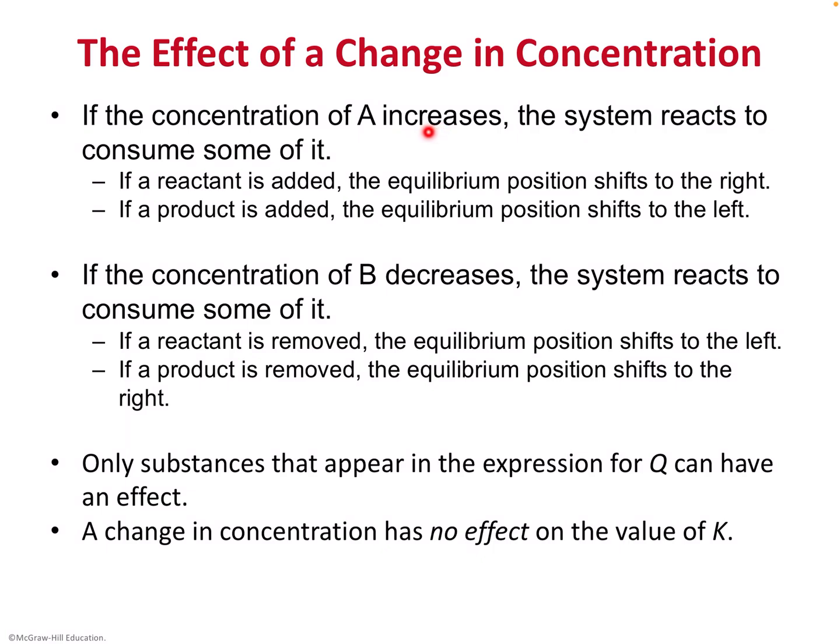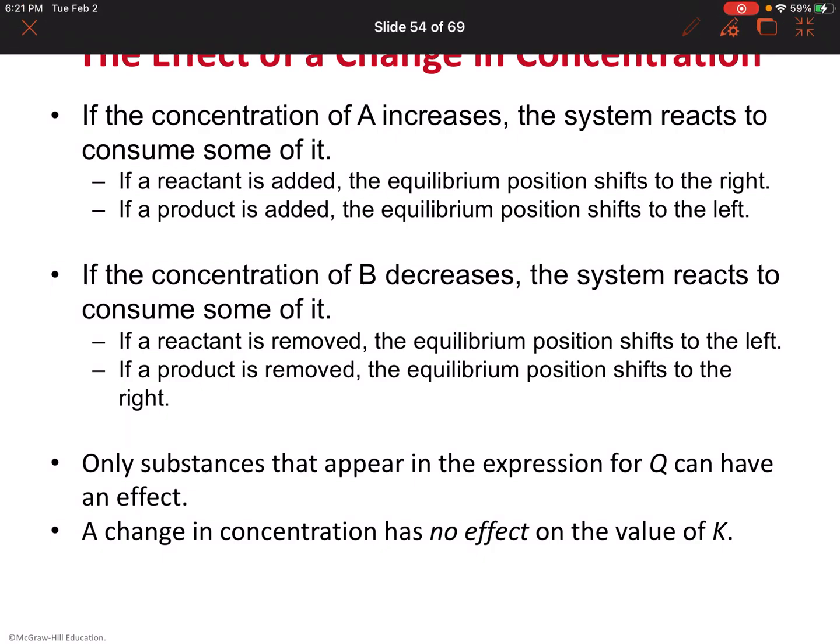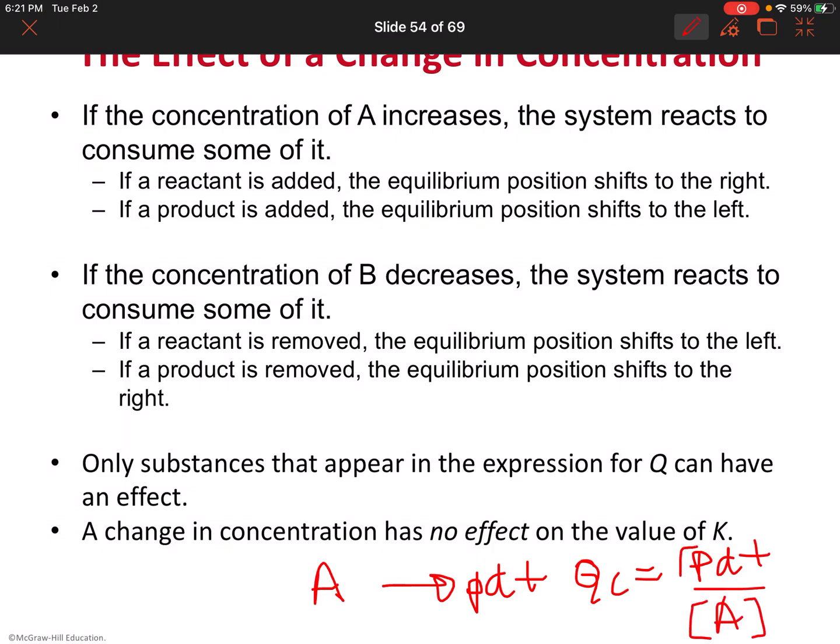The system reacts to consume some of it. Let's say you have a reaction where A goes to product, and our Qc or Kc is going to be products over the concentration of reactant. If you increase this one, what is going to happen?